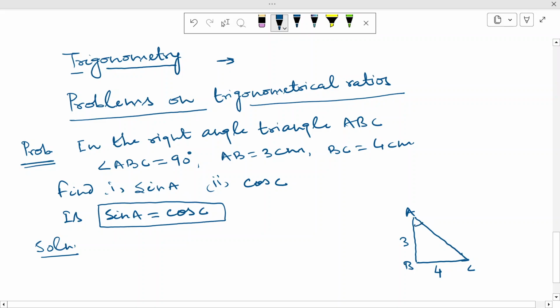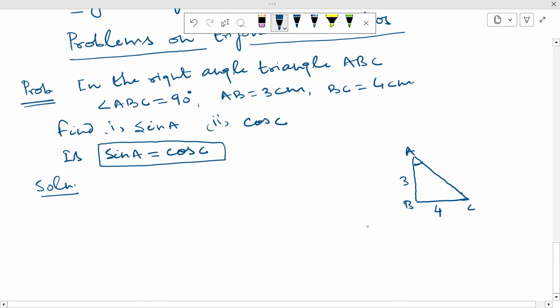As we discussed in our last video, whenever we have to find the sine of any angle, we have to consider two sides. The first is the side opposite to that particular angle. So for angle A, the opposite side is BC.